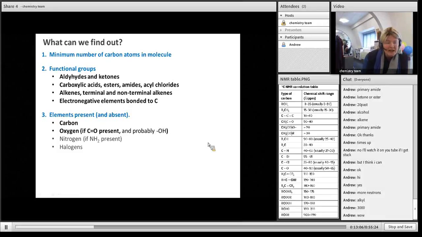Now what can we find out? It's a minimum number of carbon atoms in a molecule, and I'll talk about that. That's the carbon environments again. I'll talk about that just now. Then also the functional groups. Now does this look very similar to what we saw with the infrared for points 2 and 3?